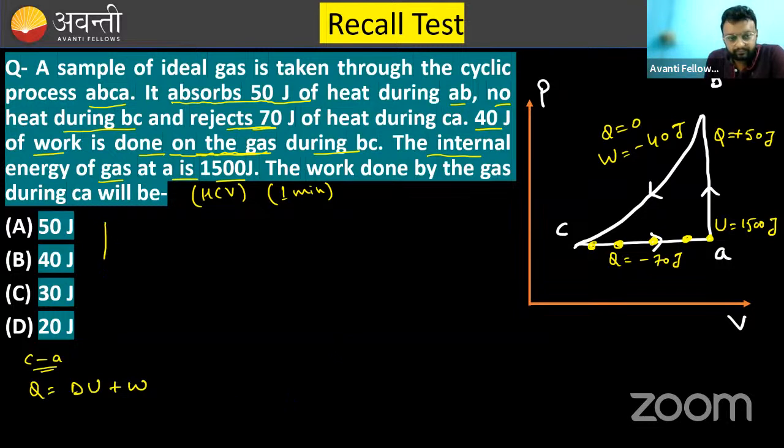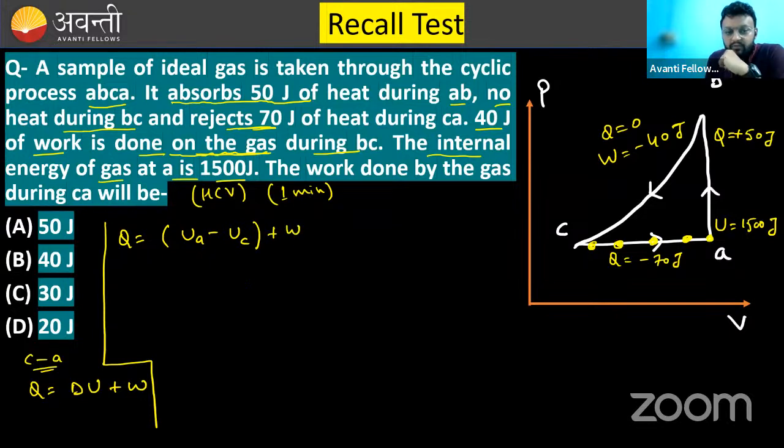Now, delta U is what? We are going for the C to A process. So final minus initial. So final is what? UA minus UC, plus W. That's what is the first law of thermodynamics. Clear? So now we need to calculate work done.